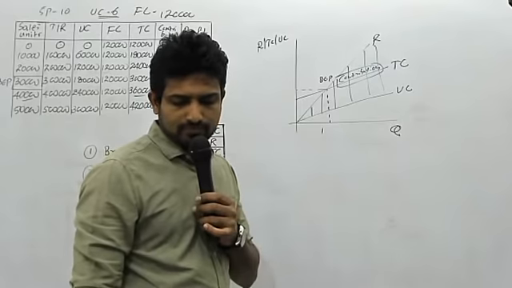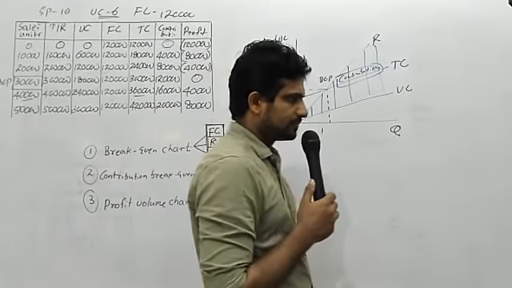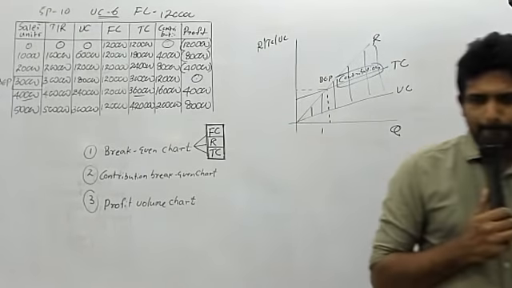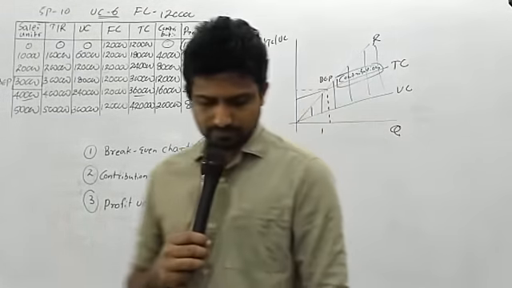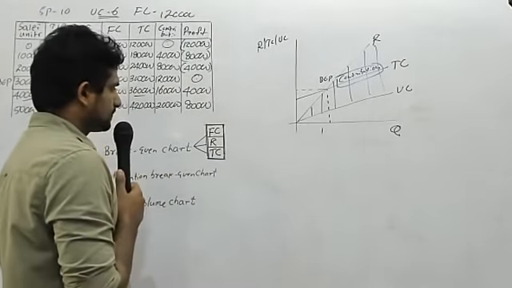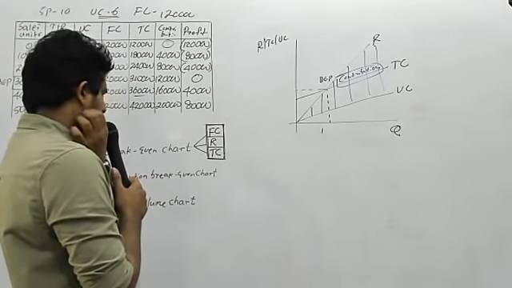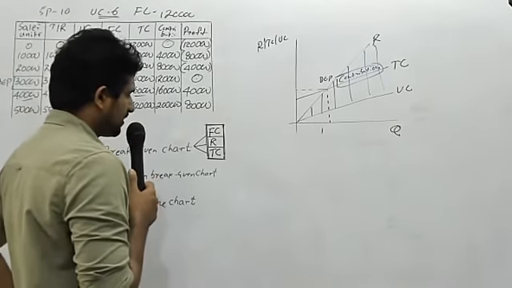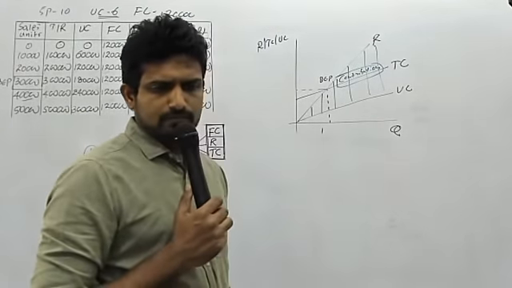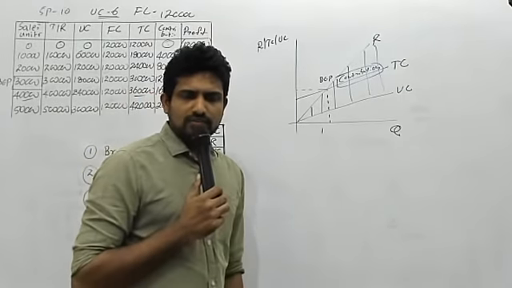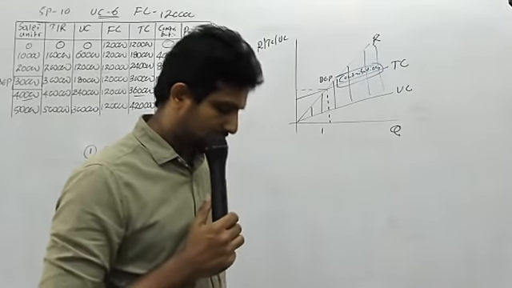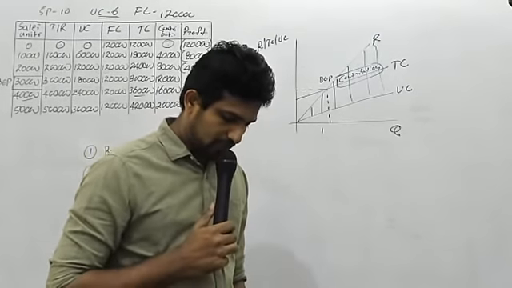Right. This diagram shows revenue, total cost and variable cost lines.